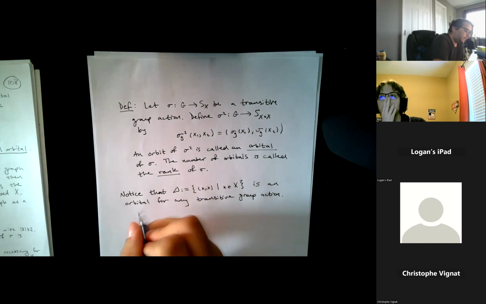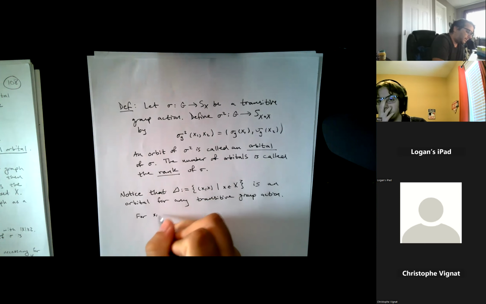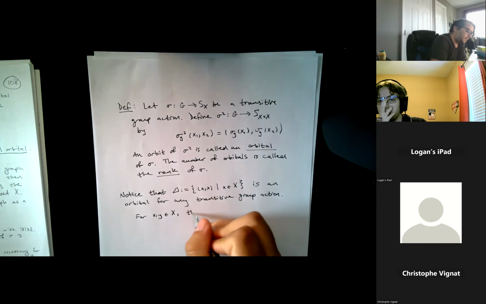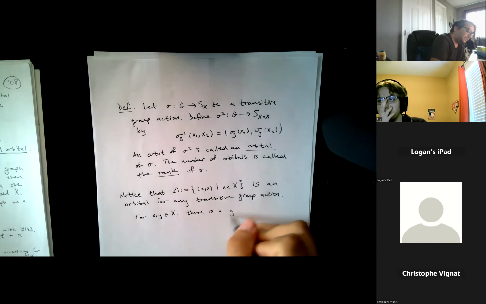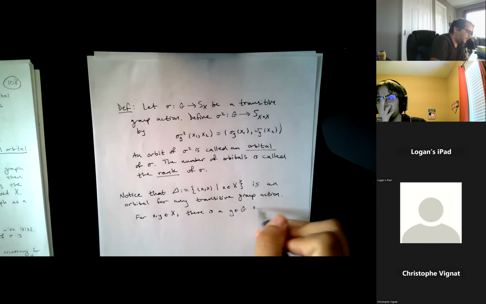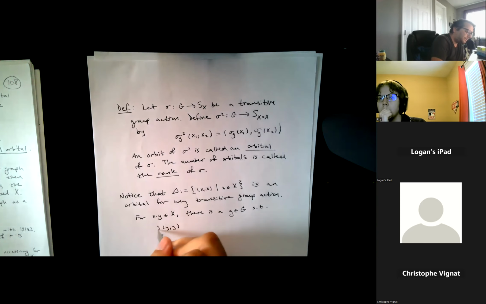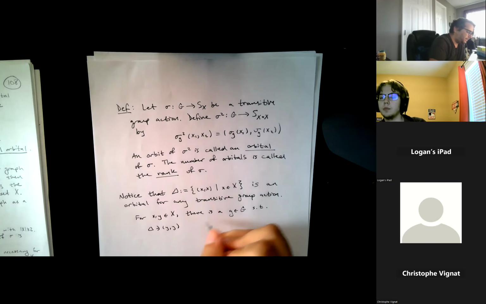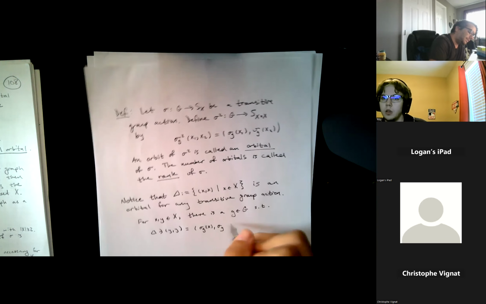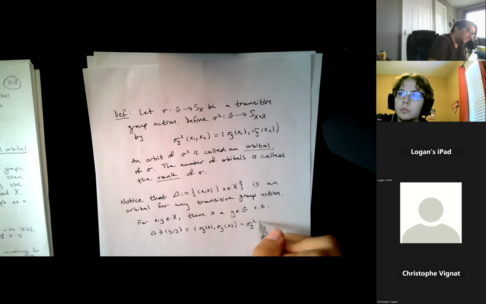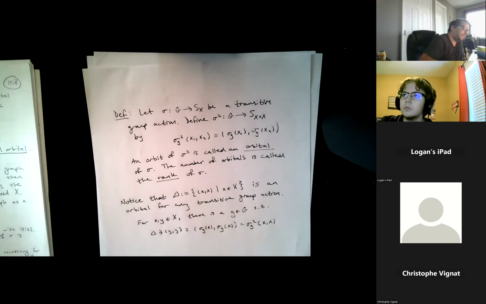Well, for x, y, and x, there is a g in G such that y, the element y, which remember is in delta, is equal to sigma g of x, sigma g of x, which is sigma g2 of x, x.